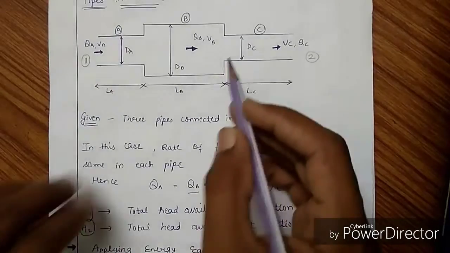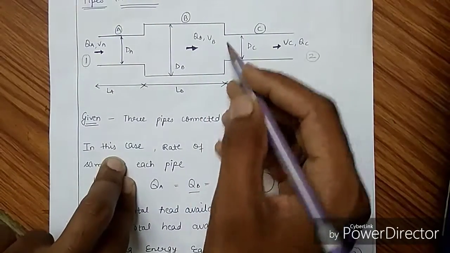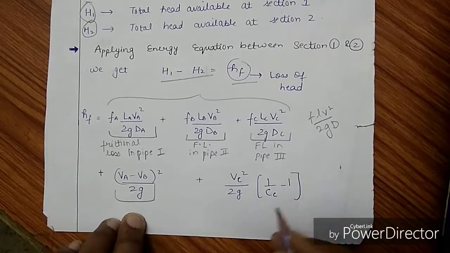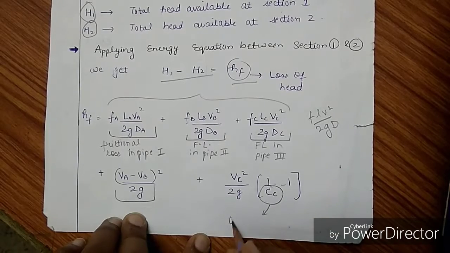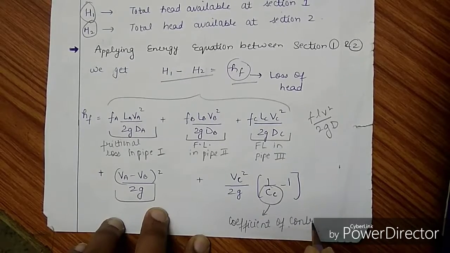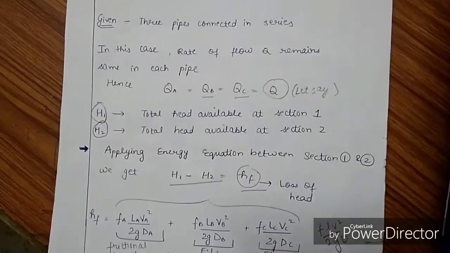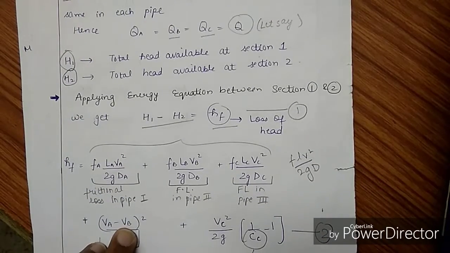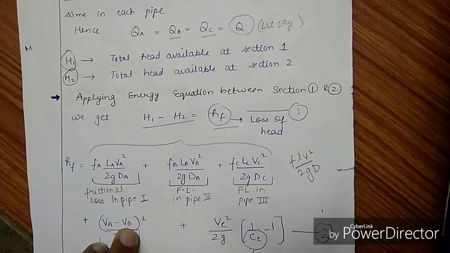The loss incurred due to contraction can be counted by this term, Vc square by 2g times (1 upon Cc minus 1), where Cc is the coefficient of contraction. So in this way, by comparing equation 1 and equation 2, we can account for the loss of head.